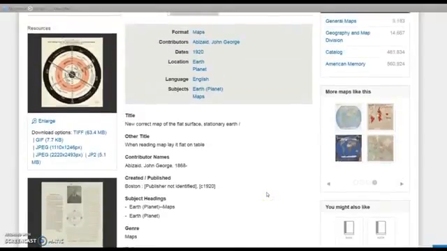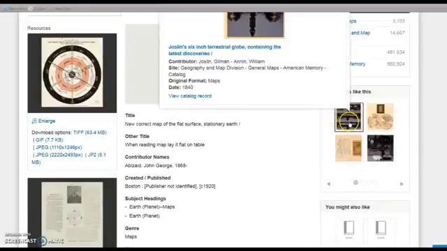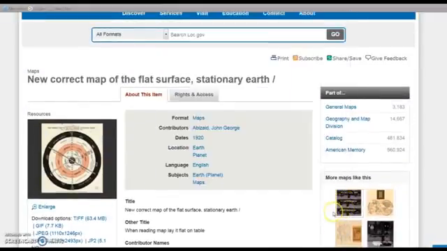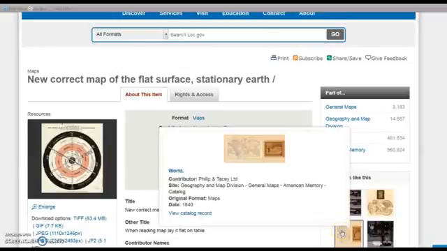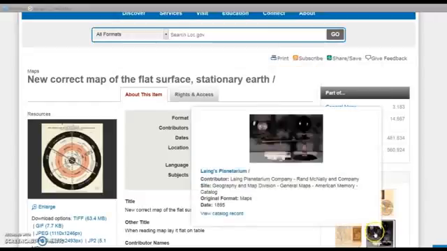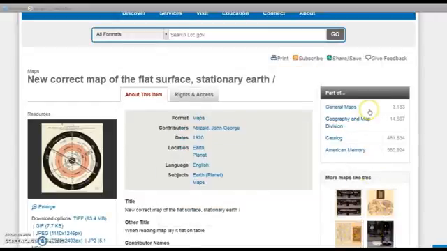So, my initial thoughts are, well, if it ever comes out that this is true, they can say, well, gosh, there's over 3,000 general maps in the Library of Congress. So they're like, we're not hiding anything. It's right there for anybody to see.